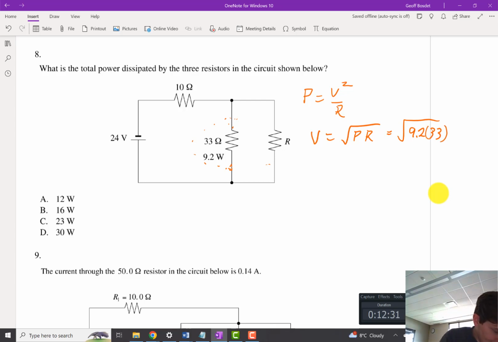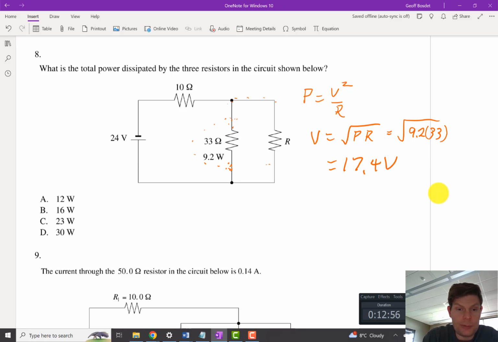So if I do that, I get 17.4. So I know I'm losing 17.4 volts across this resistor, but since it's in parallel with that guy, it's the same voltage drop.